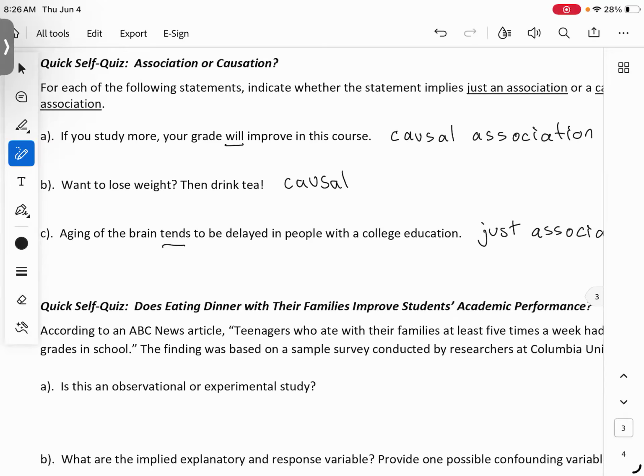It's got that exclamation mark there where they're trying to oomph their claim. It would fall into, you know, if you drink tea, you will lose weight.